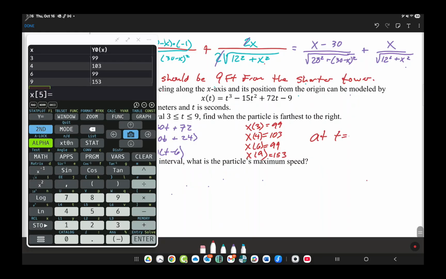At t equals 9 seconds. So again, on your calculator, if you go to table set, which should be above the window button, so second window, you should be able to change your independent to ask.